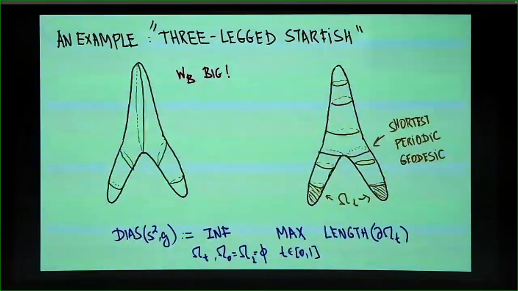The way to do this is to impose the condition that omega 0 is the empty set, and omega 1 is the full sphere. The boundary of the empty set is empty, and the boundary of the whole sphere is also empty. So it's still a family that starts at nothing and ends at nothing, but the beginning is different from the end.